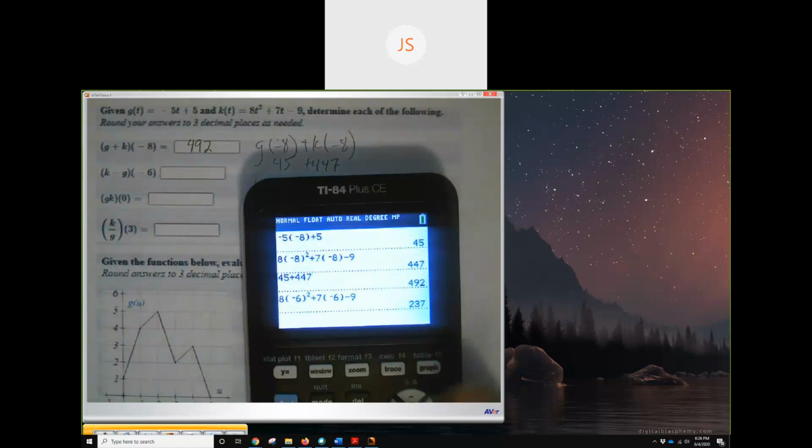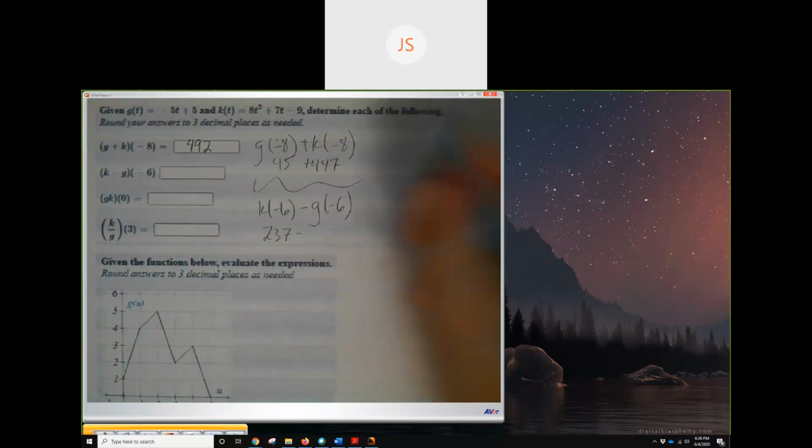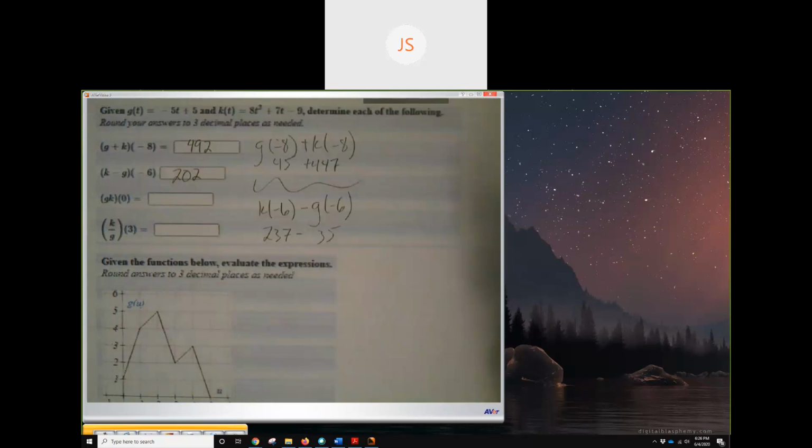G of -6 is -5 times -6 plus 5, which is 35. So 237 minus 35 is going to be 202.